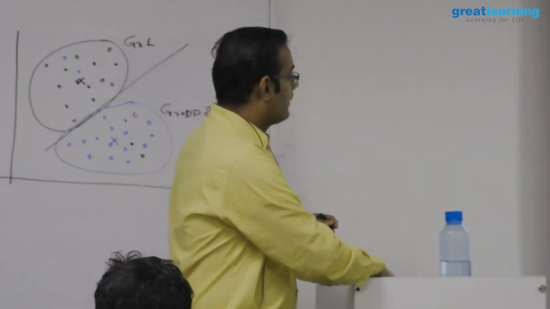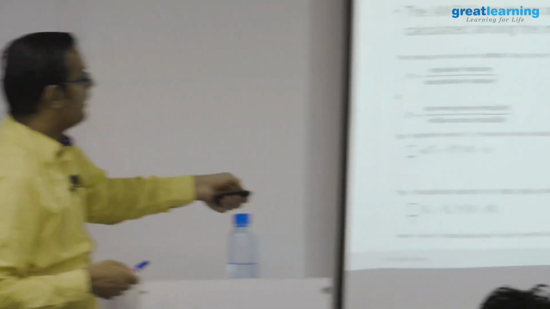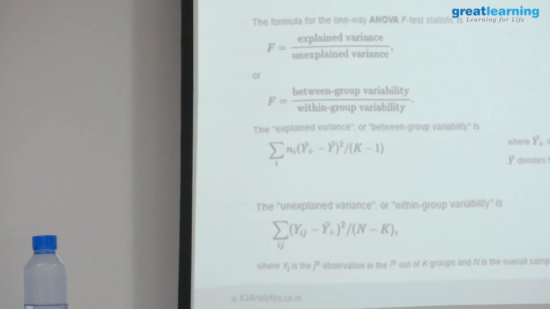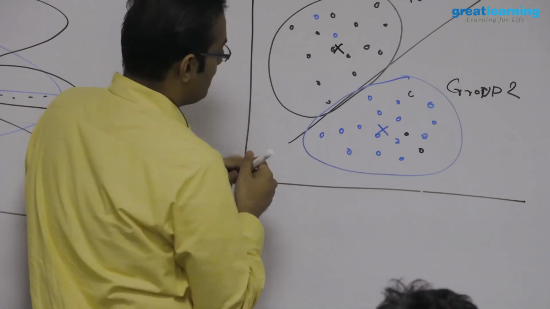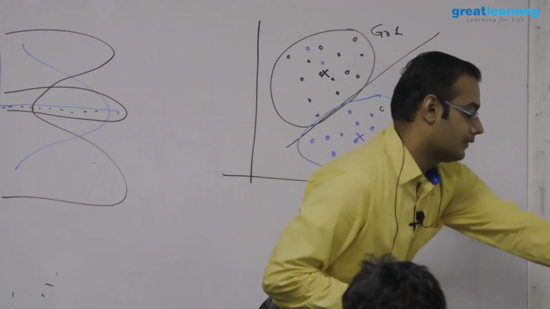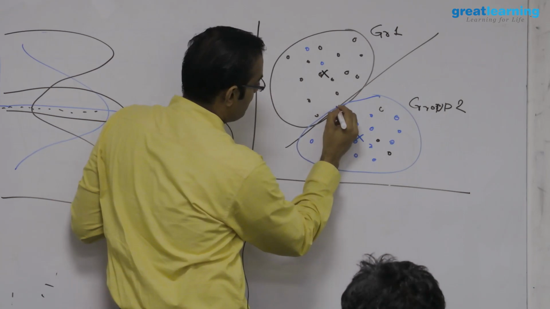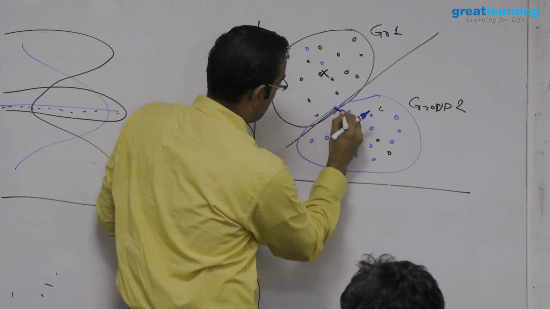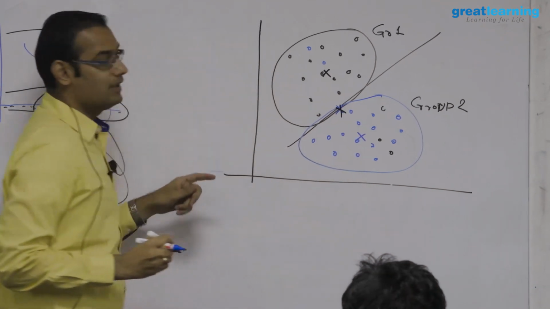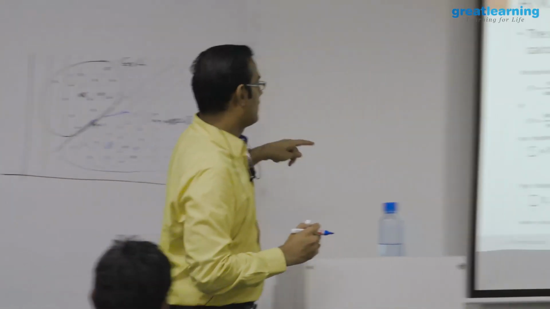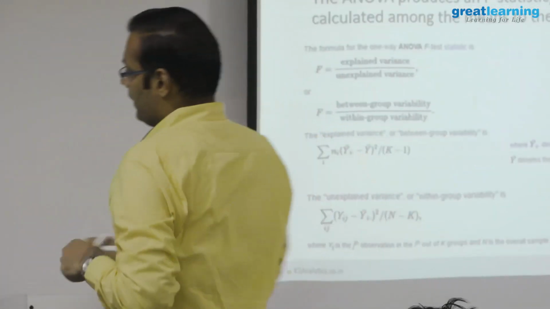Y i bar minus y bar. What is y bar? Y bar denotes the overall mean, which let me represent by 2x, as there is no other color. So what you are now doing is y i bar minus y bar.